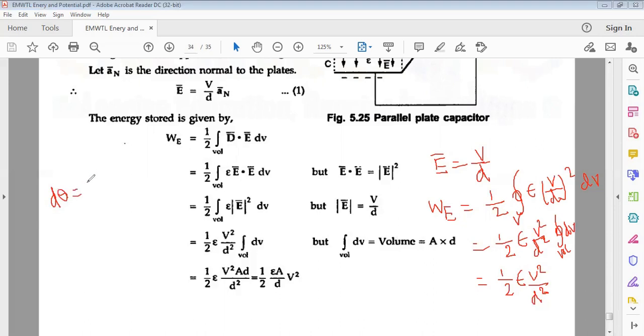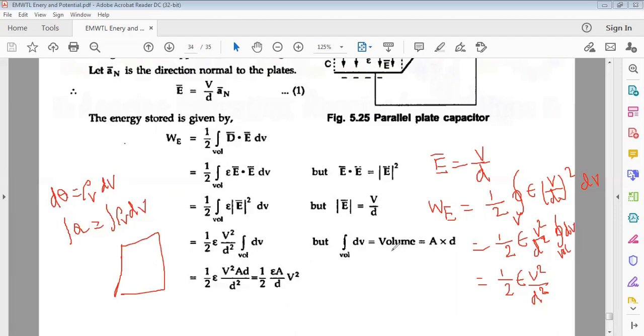You know dq is equal to rho V into dV, the integral of rho V into dV is the charge, where rho V is the charge density. Actually, the integral of dV is the volume: the area, the surface, and the line, so totally it is area into distance.